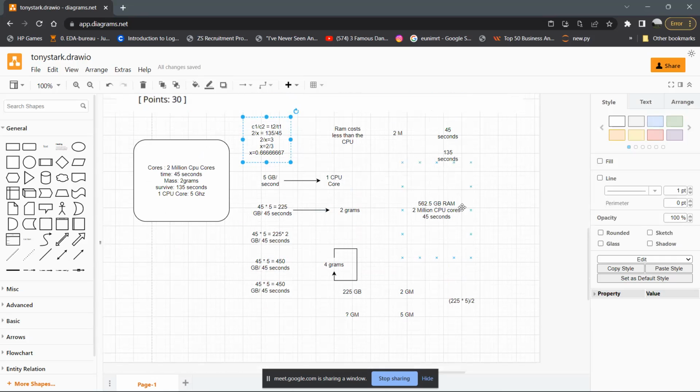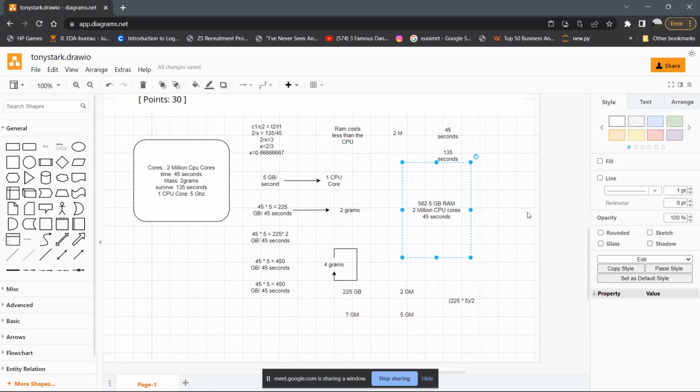So see, now we are able to decrease the number of cores also. Now tell me, is this the optimized solution? Mostly yes.